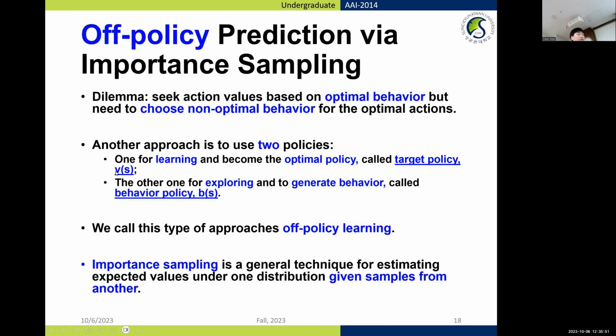Here it should be pi, not V, okay? The other one, for exploring to generate the behavior, is called the behavior policy, and we use b(s) to represent it. We call this type of approach off-policy learning. One important technique to do so is importance sampling. Importance sampling is a general technique that we can use to estimate the expected value under a different distribution, okay?